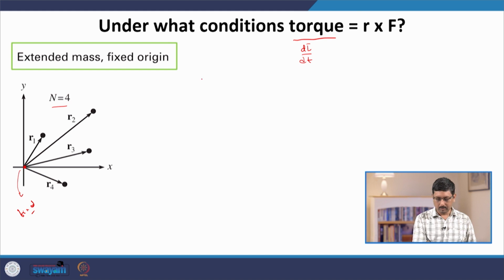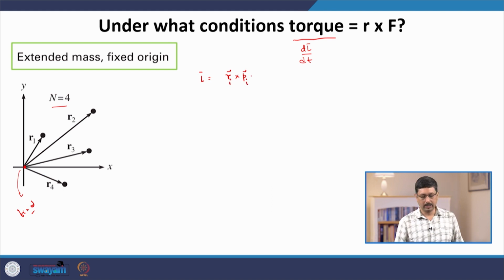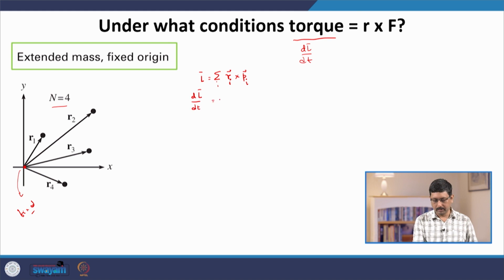So, let us work it out. In this case, the total angular momentum L you can compute for each of these particles. For particle i, the position is r_i and its momentum is p_i, and then you have to take a sum over all particles. Then the rate of change of angular momentum, for each particle I can calculate and then add it.